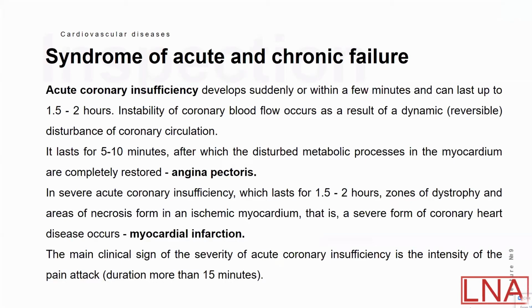It lasts for 5–10 minutes, after which the disturbed metabolic processes in the myocardium are completely restored: angina pectoris. In severe acute coronary insufficiency lasting 1.5 to 2 hours, zones of dystrophy and areas of necrosis form in the ischemic myocardium, which is a severe form of coronary heart disease, occurring due to myocardial infarction.